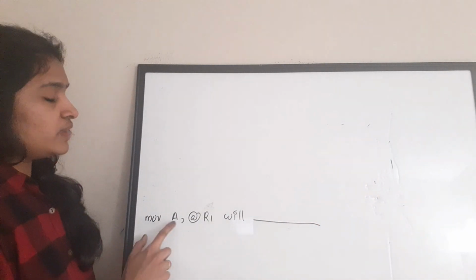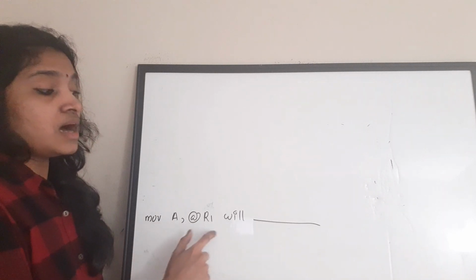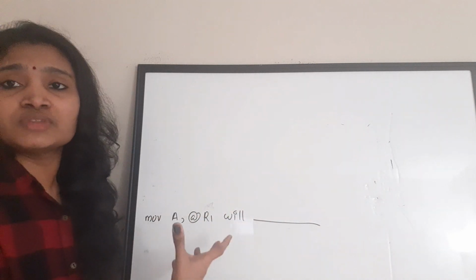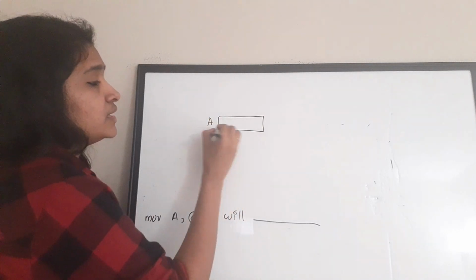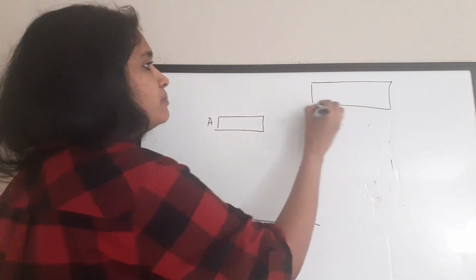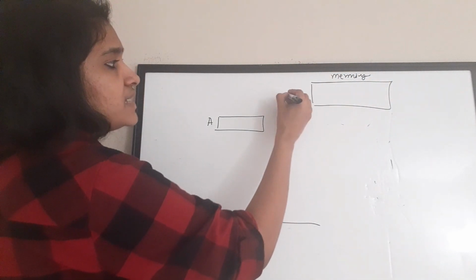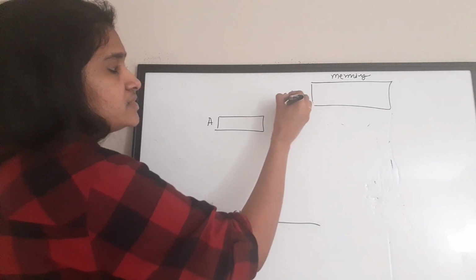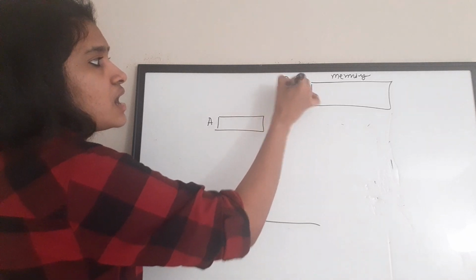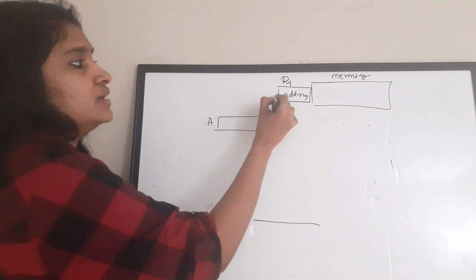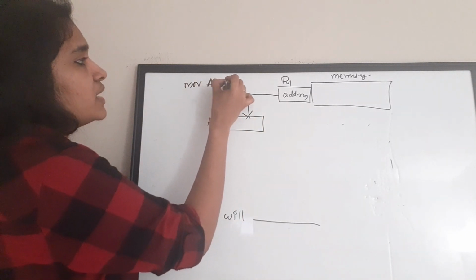Okay. MOV A, @R1. Actually, what is the meaning of this instruction? Okay, I'll explain. There is a register here and there is some memory. This is some memory and the memory has an address, and this address is present in your register R1. So this is the instruction MOV A, @R1.